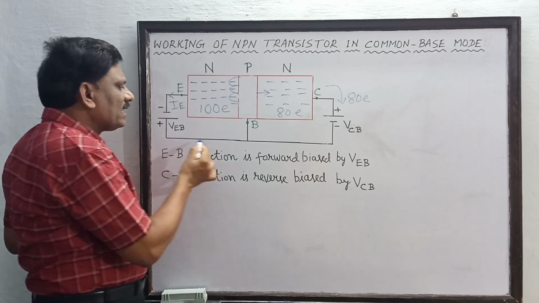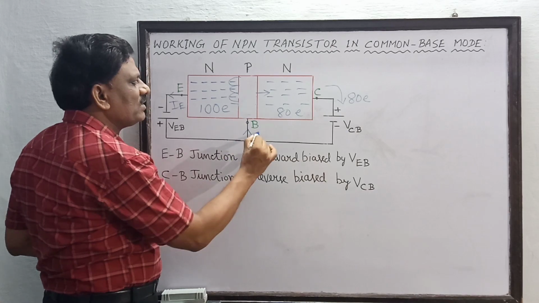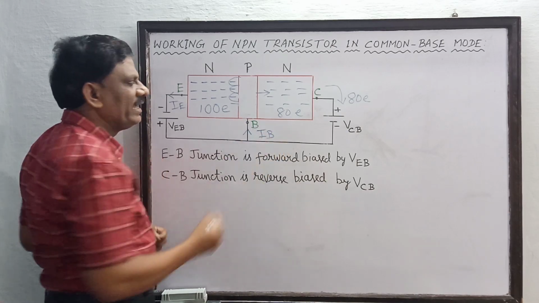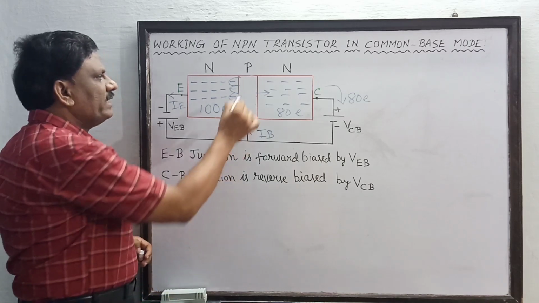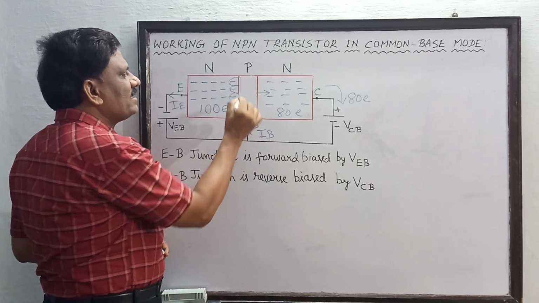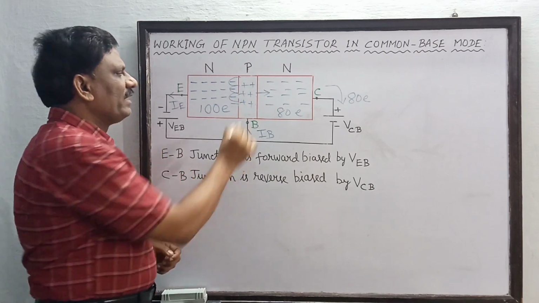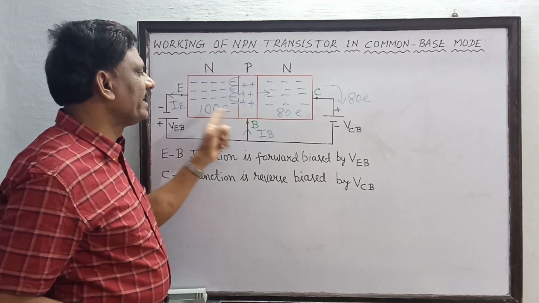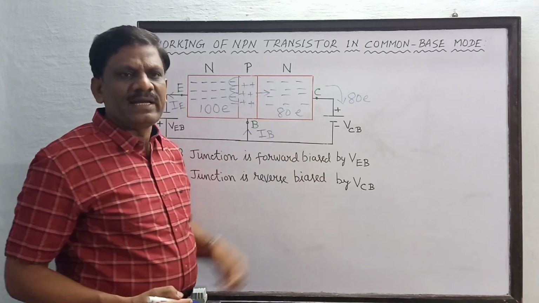So the holes are flowing in the inward direction, and this constitutes the base current IB. So inside the semiconductor, the base current is due to the flow of what? The holes.